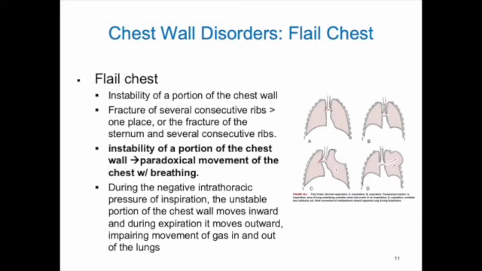Other clinical manifestations that you're going to see are chest pain, dyspnea, obviously unequal chest expansion, and hypoventilation. The only way to really treat flail chest is to stabilize that chest wall by internal fixation, and you need to control the ventilation by helping with mechanical ventilation until that chest wall can be stabilized.